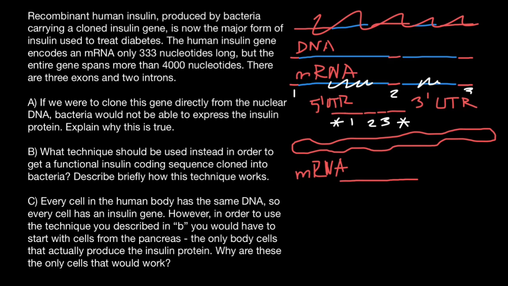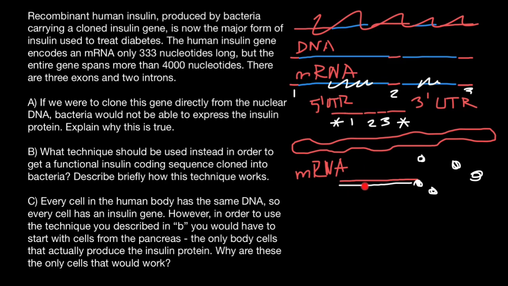They also added the reverse transcriptase enzyme, which we can find in retroviruses. What it actually does is attach itself to this messenger RNA and produce a DNA complementary strand of this messenger RNA.